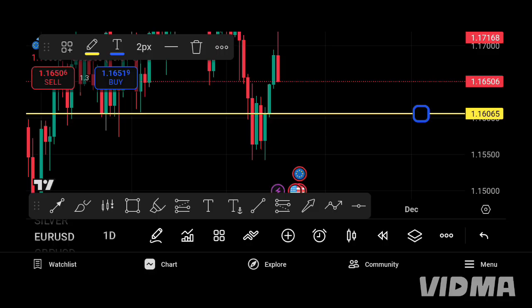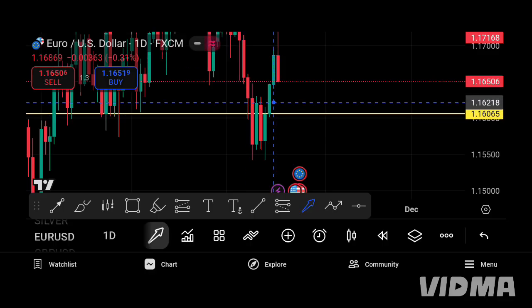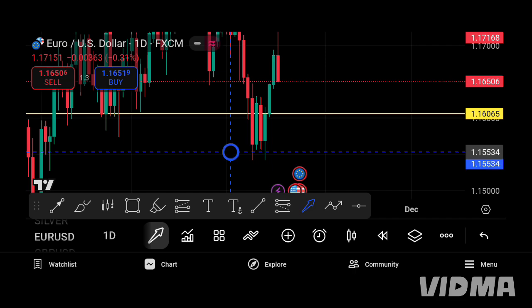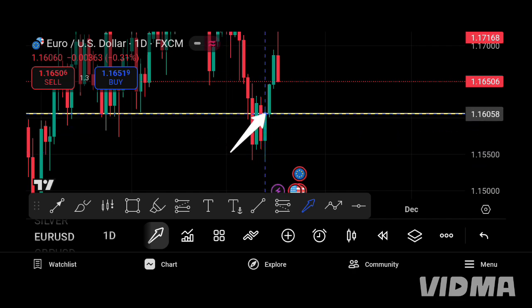Tuesday closed here, so Wednesday opened here. So we mark the close, because the close of the previous candle is the open of the next candle. That is the intersection, this yellow horizontal line that I've marked here.